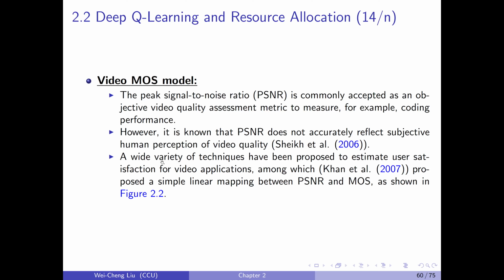A wide variety of techniques have been proposed to estimate user satisfaction for video applications, among which, please refer to the reference Kang et al., 2007. Let us look at this reference.